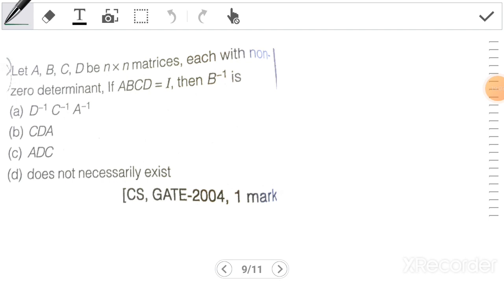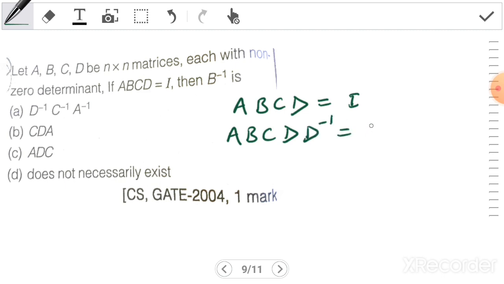Let A, B, C, D be n cross n matrices, each with non-zero determinant. If ABCD is equal to I, identity matrix, then B inverse is. Okay, so let us write ABCD is equal to I. We can multiply D inverse on both sides.